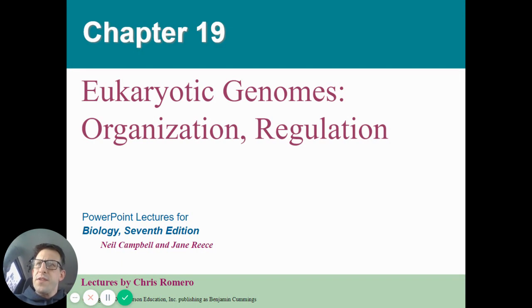This chapter expands on the genome of eukaryotes. It gets into detail about some of the things that we've been discussing in chapters 16 and 17, which are what the DNA does, how it replicates, how it transcribes, translates, creates proteins, things of that nature.